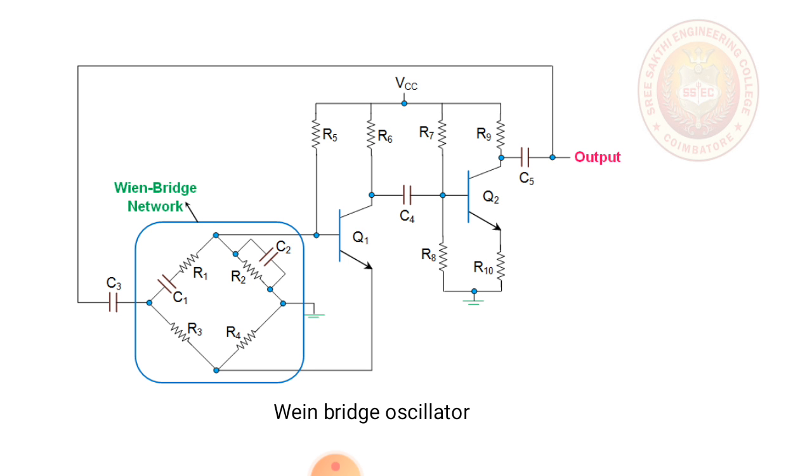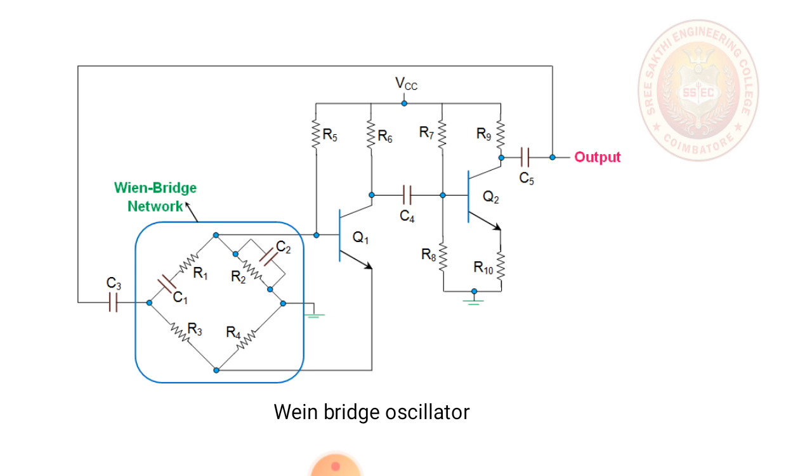At high frequencies, the reactance of the capacitors C1 and C2 will be much less, due to which the voltage V0 will become 0 as R2 will be shorted. At the same time, at low frequencies, the reactance of the capacitors C1 and C2 will become very high.